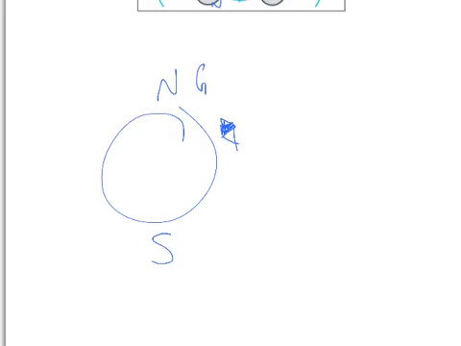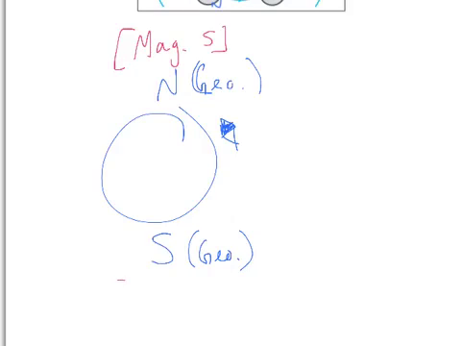This is the geographic North. This is the geographic South. But the north geographic pole is really called magnetic South. And this is really called magnetic North.